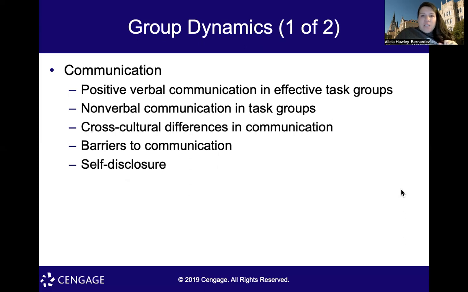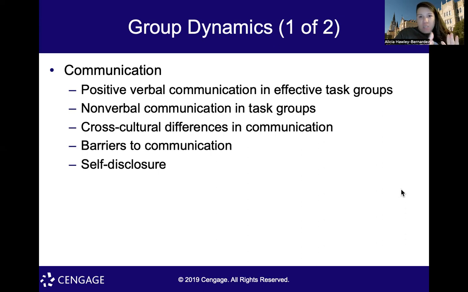The next thing that the textbook is going to talk about is different types of group dynamics, and particularly communication and how communication plays a role in different groups. There can be a lot of positive communication and nonverbal communication within groups, barriers to communication, and different cultural differences as they relate to communication as well.